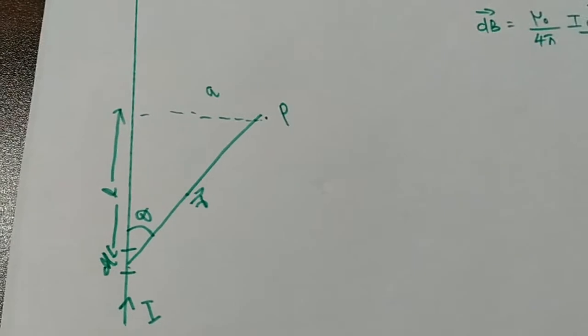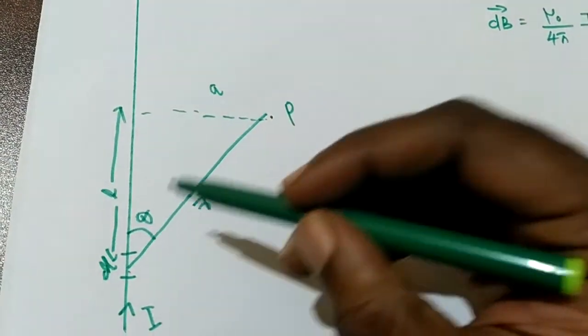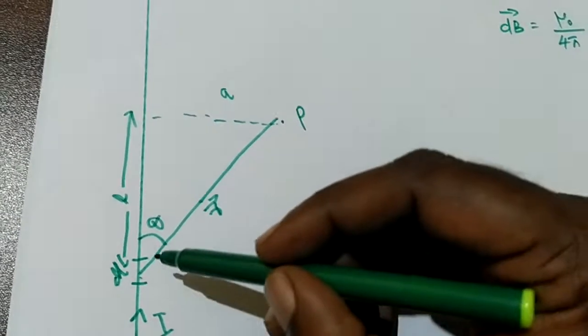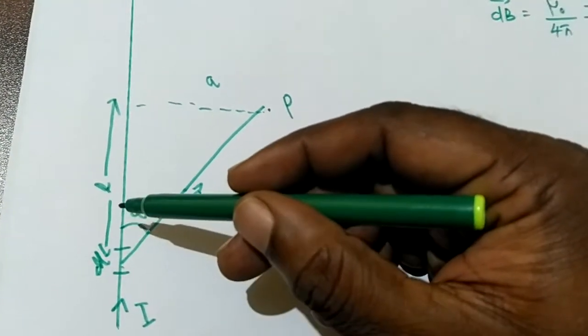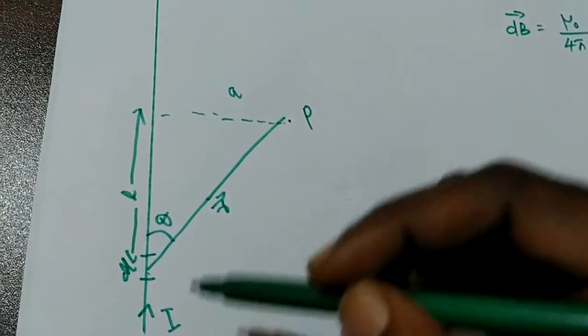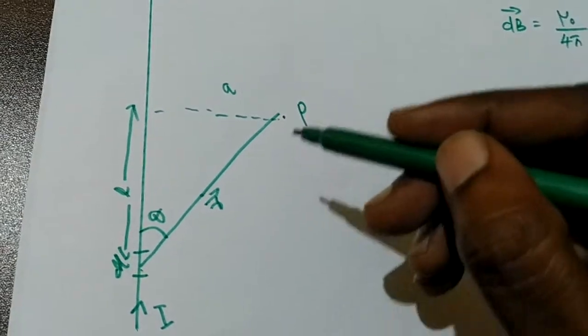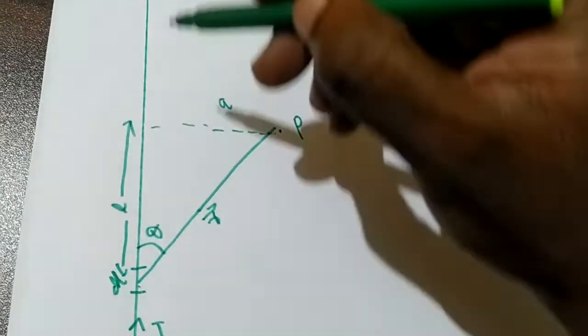So what we will do now, we find out the magnetic field at P due to each line segment from here and another segment here and the segment here and here. Then we add them together, so we will get the total magnetic field due to the full wire.